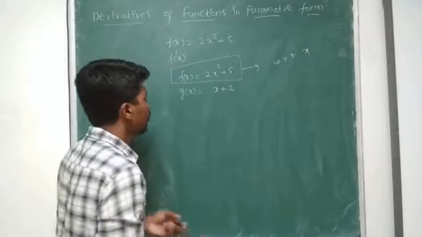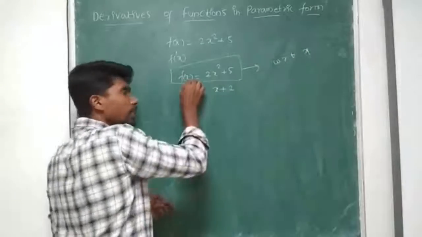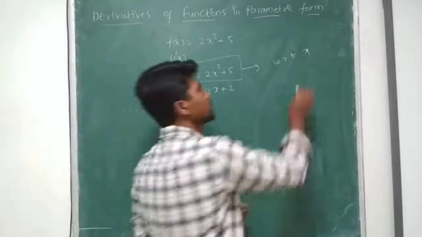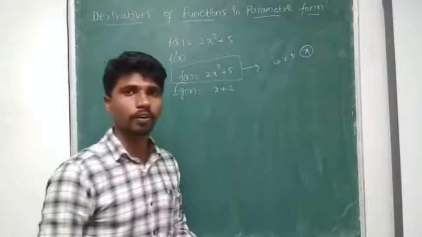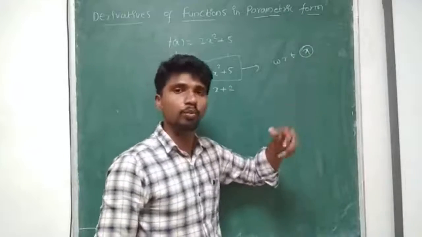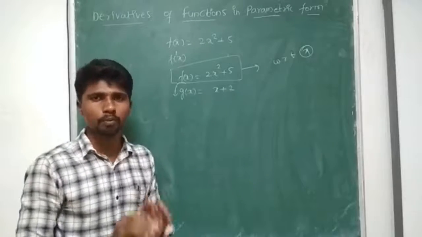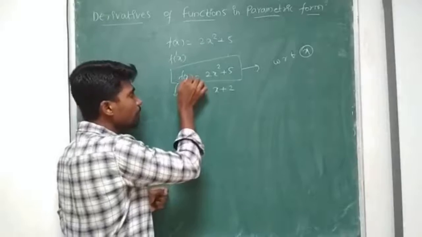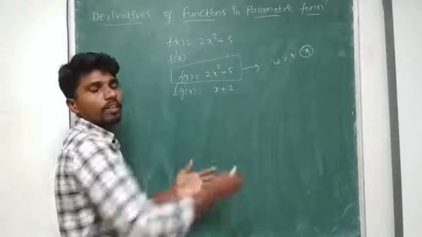Now we find the derivative of a function with respect to another function, not with respect to a particular x. We are not going to discuss with respect to x, which we already discussed. In this exercise, it is differentiation of a function with respect to another function.